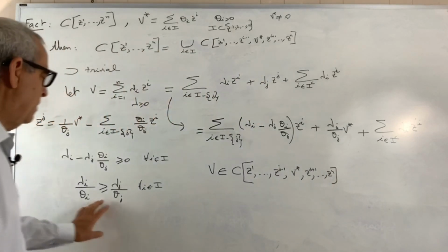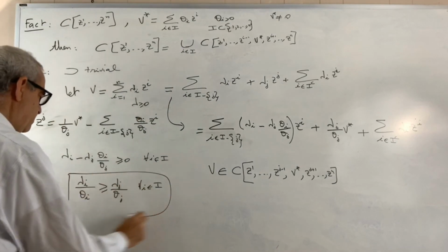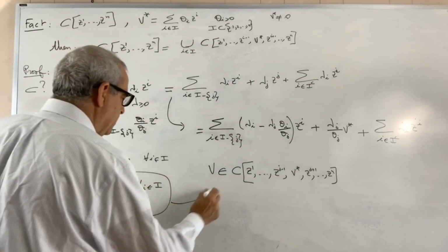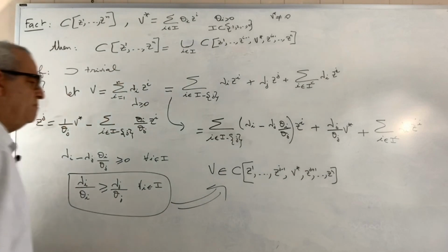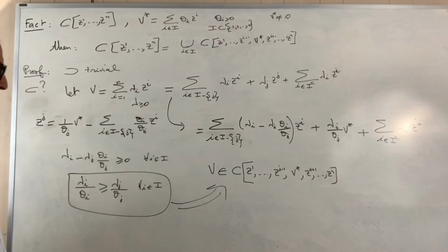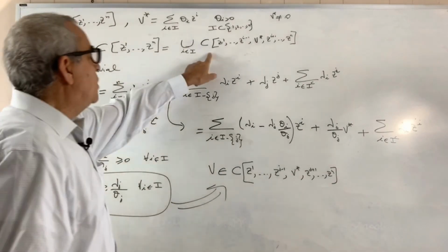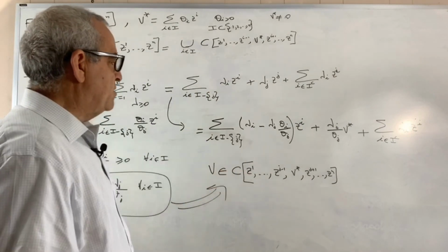If we have this condition, this implies this. In other words, I found one of the cones such that V belongs to that subcone.